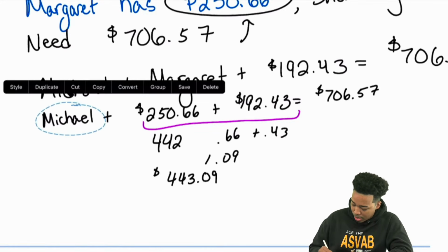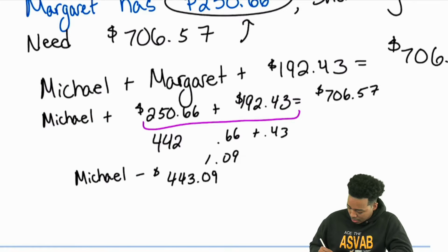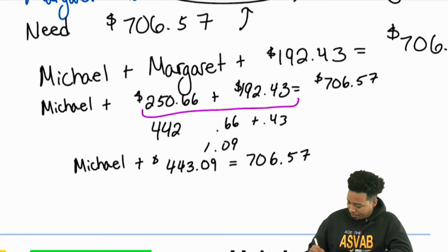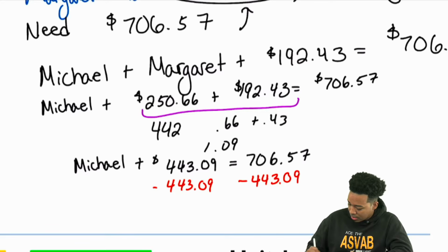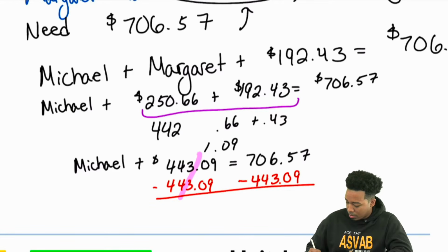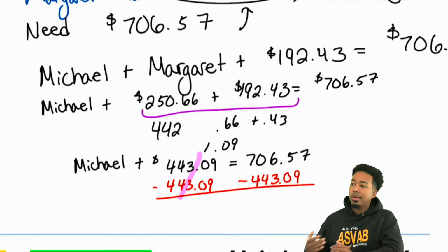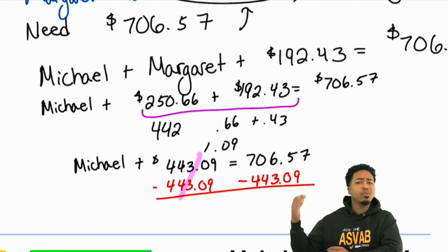So what I'll do now is go ahead and take all of this. And now all I have left to do is subtract this on both sides, and we're done. So minus the 443.09 on both sides. Now again, I truly recommend using mental math because it'll stop you from taking all the time in the world in terms of borrowing a 1, borrowing a 1, borrowing a 1.